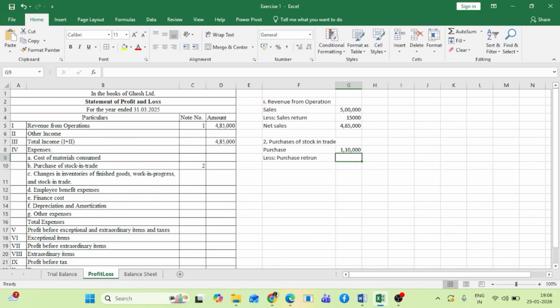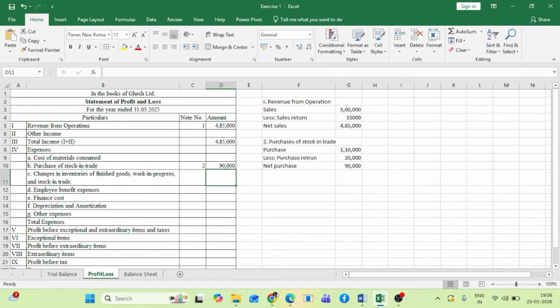So my purchase return is 20,000. So the net purchase is coming 90,000. Okay. So note number 2 is your purchase of stock in trade. So the value is 90,000. So I'm writing down 90,000 here.